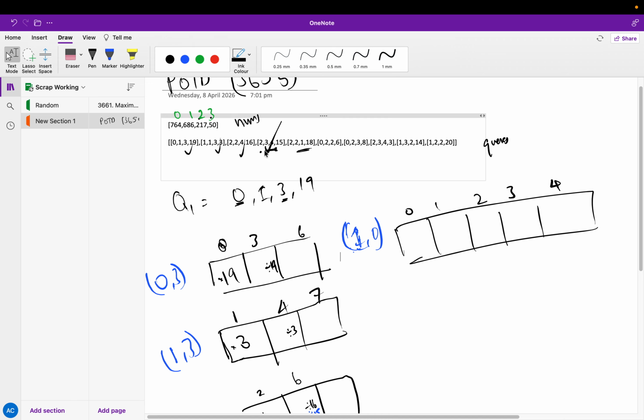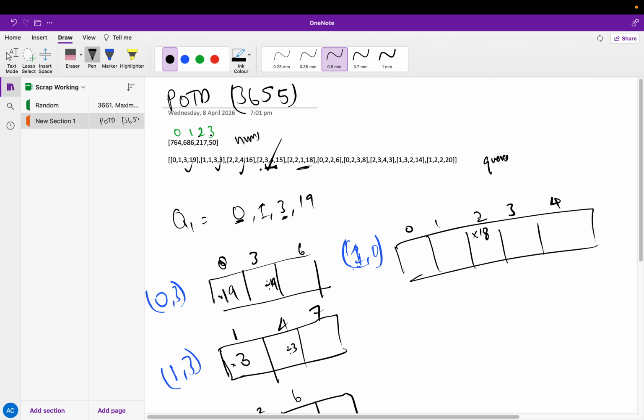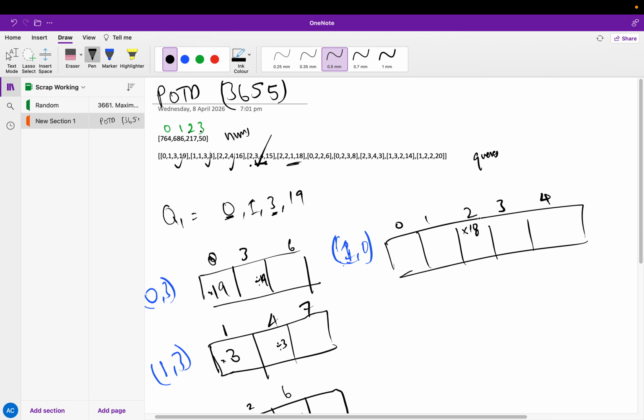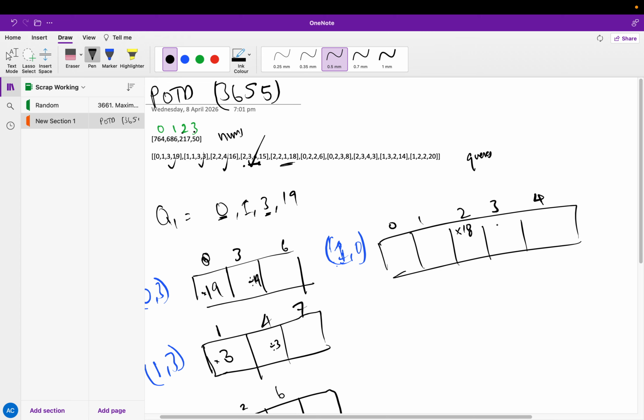So it starts at index 2, you should multiply by 18. And you should do that for index 2 and then not do it for index 3. Divide by 18. Done. Then 0, then 2.